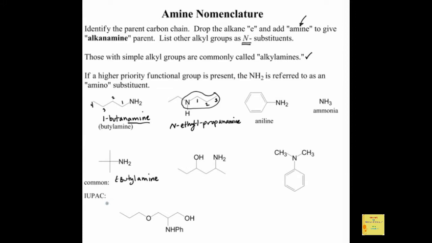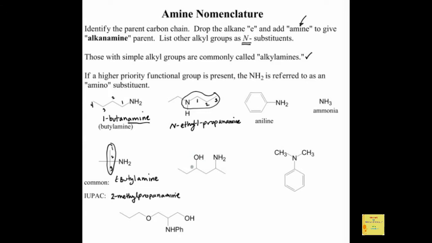But for its IUPAC name, we'd have to follow the rules, find our longest carbon chain bearing the nitrogen. So that's right there. It's a 3-carbon chain, 1, 2, 3. So this would actually be propanamine. And what else does it have attached? On carbon 2, it has a methyl group. So we could call this 2-methyl-propanamine.